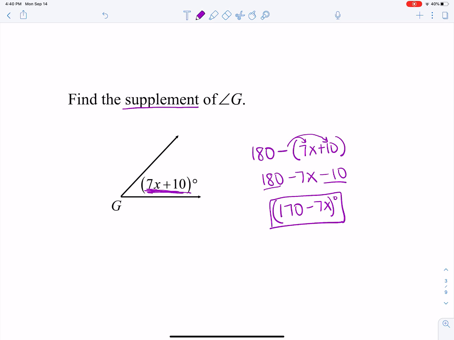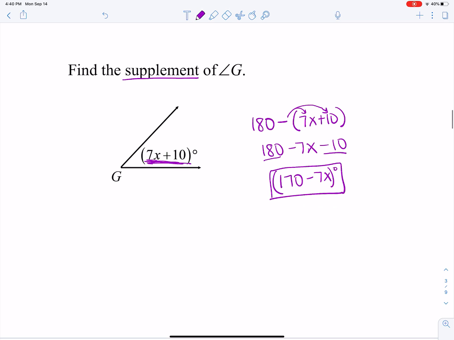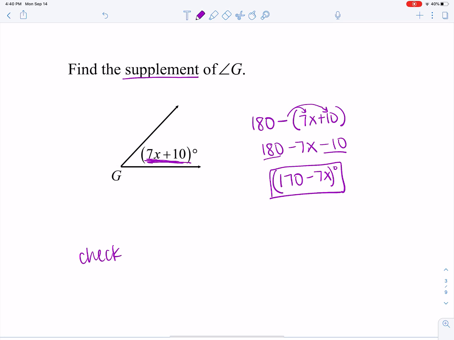Now, a great way to check this is, I know supplementary angles should add up to 180. So if I take angle G and I add to it the supplement, this angle plus the angle that we just found, those should add up to 180.